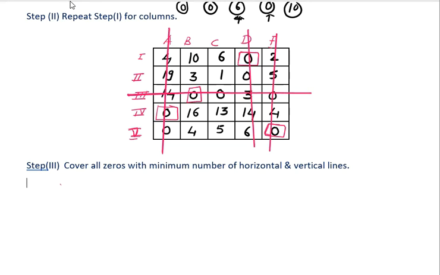Column number 3, there is no zero. So we have covered all zeros with horizontal and vertical lines. How many lines have we drawn? 3 vertical and 1 horizontal, so a total of 4 lines. It is not equal to the order of the matrix.